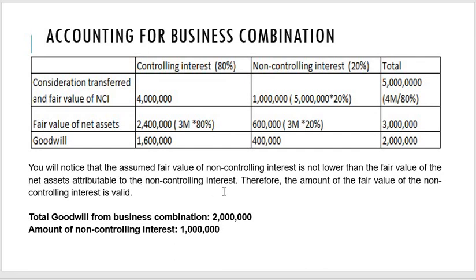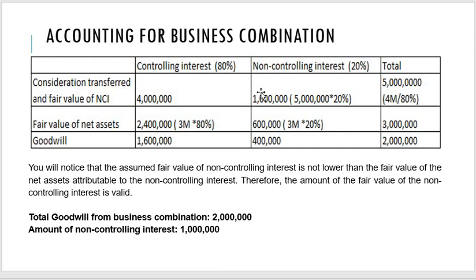Because, as I've explained earlier, the fair value of the non-controlling interest should not be lower than the proportionate share of the non-controlling interest in the net assets of the subsidiary.